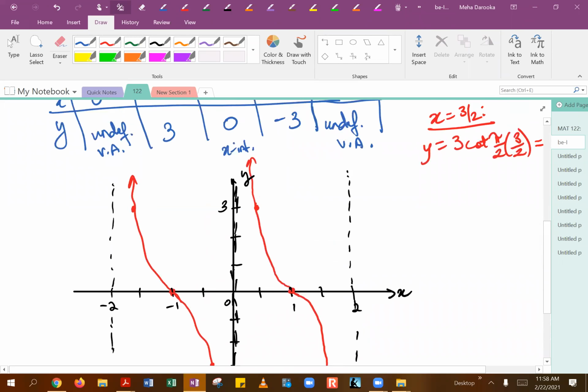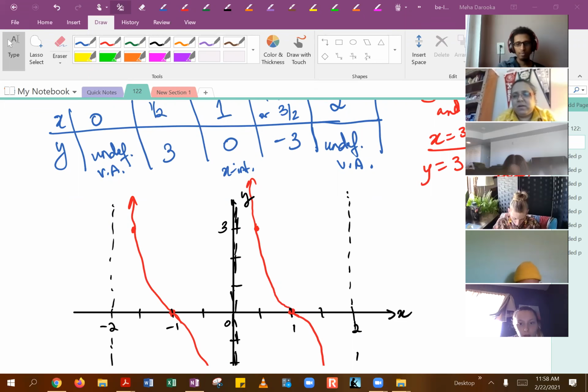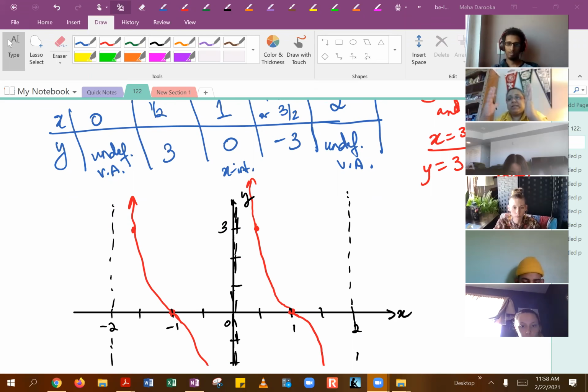So can you tell me what is the period of this function? 3 times cotangent of pi x over 2. Yeah, remember what we talked about with period? It is that distance going from 2 consecutive vertical asymptotes. If you're going from 0 to 2, those are your 2 consecutive vertical asymptotes.